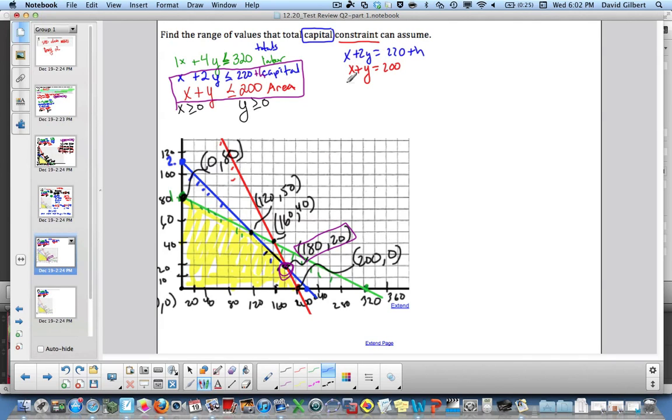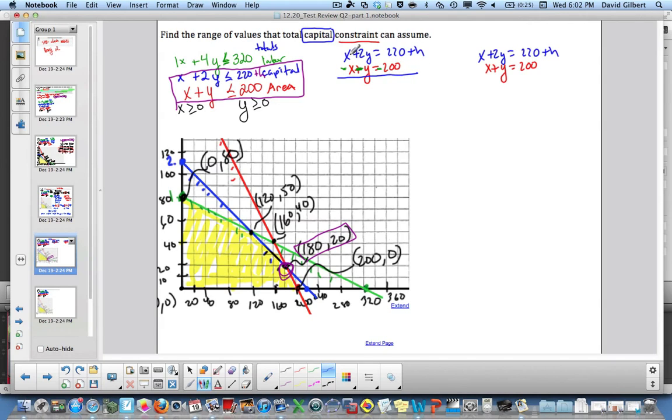So what I'm going to do is multiply this by a negative. Multiply everything through here by a negative 1, because that'll cancel out my x's. So it's minus x minus y minus 200. And I didn't rewrite it just to save space. Although, I should write it twice, right? So I'll write this one twice. Alright, because I'm going to solve for x and y independently. Just makes it easier later.